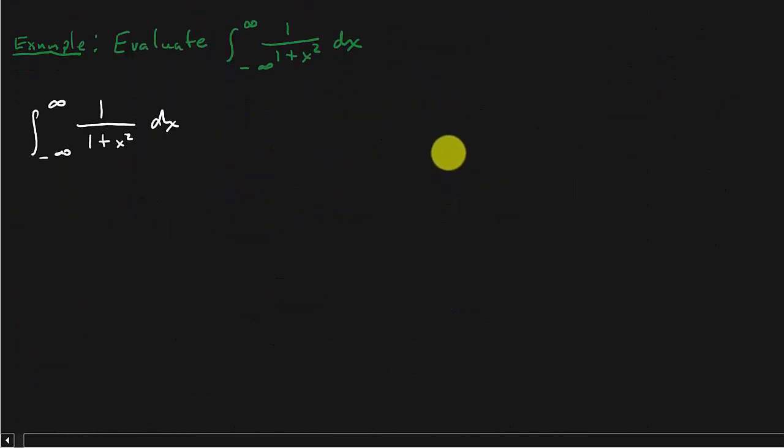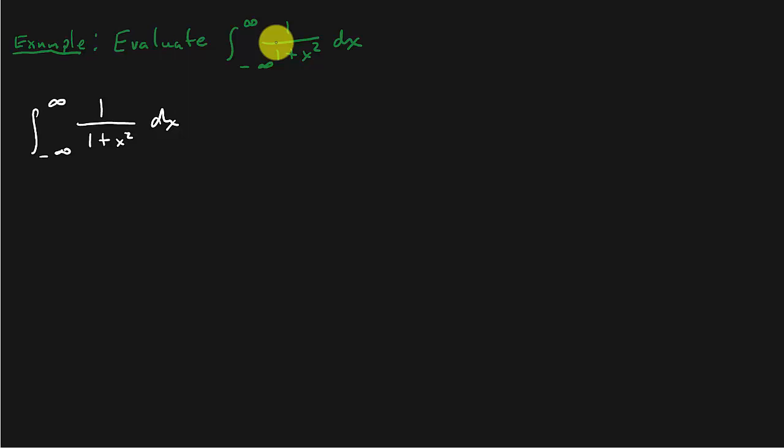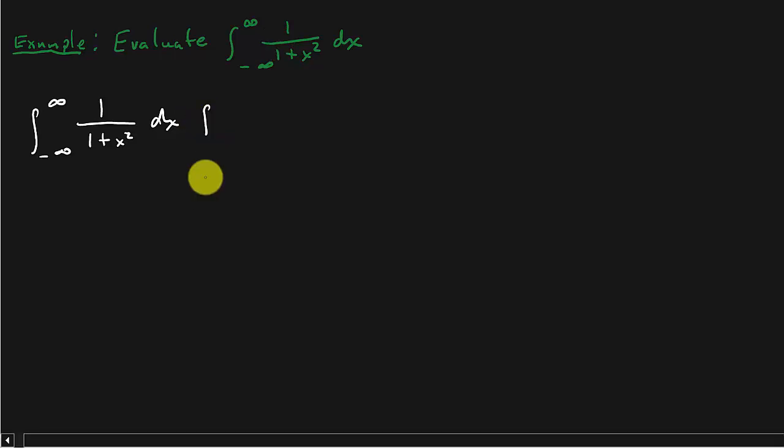Well, we know this function's continuous everywhere. So let's split this thing up, negative infinity to 0. So I'm going to split it up at 0.